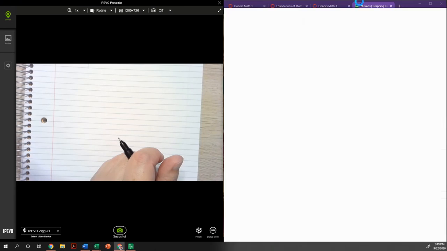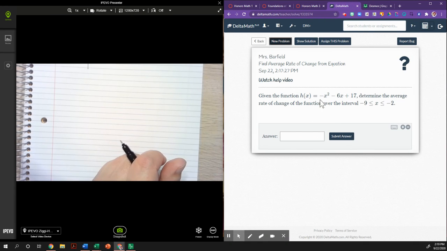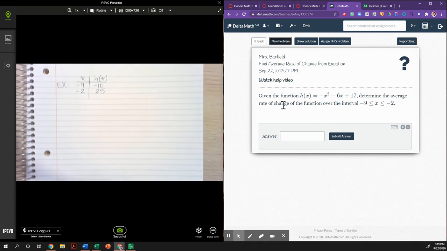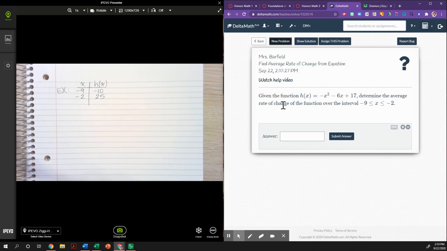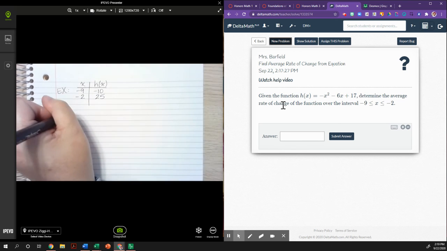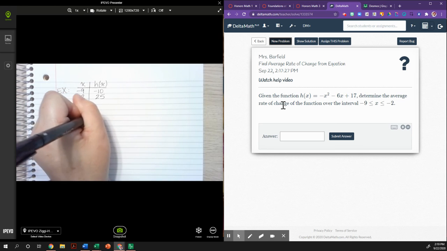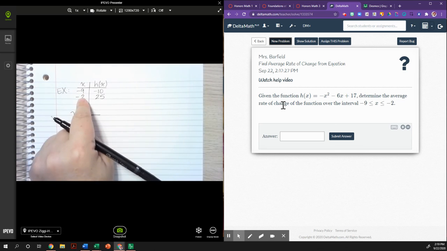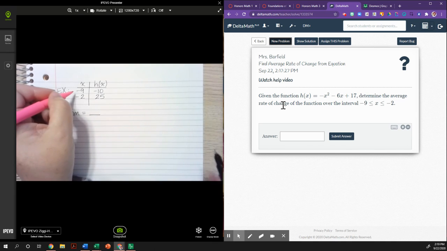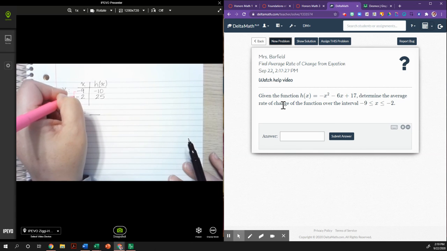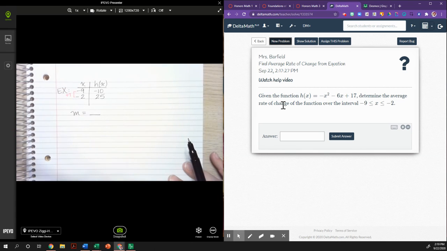So let's bring that back over here. So there's the information from Desmos. So what do I do with that? I use that to find my slope. Now remember, if you've got it in table form, you are welcome to calculate it right there in the table and say, if I want to go from -9 to -2, I need to add 7.